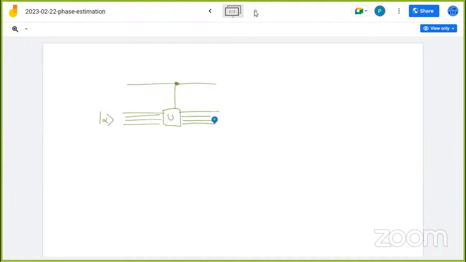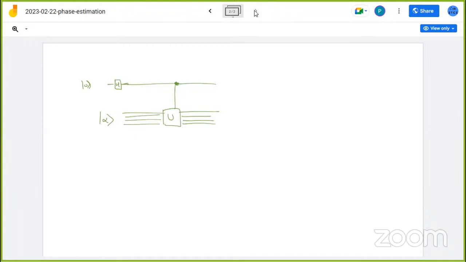So given all that we've been doing, what's a natural thing to do on the control? Yeah, you put a Hadamard on this. What happens?